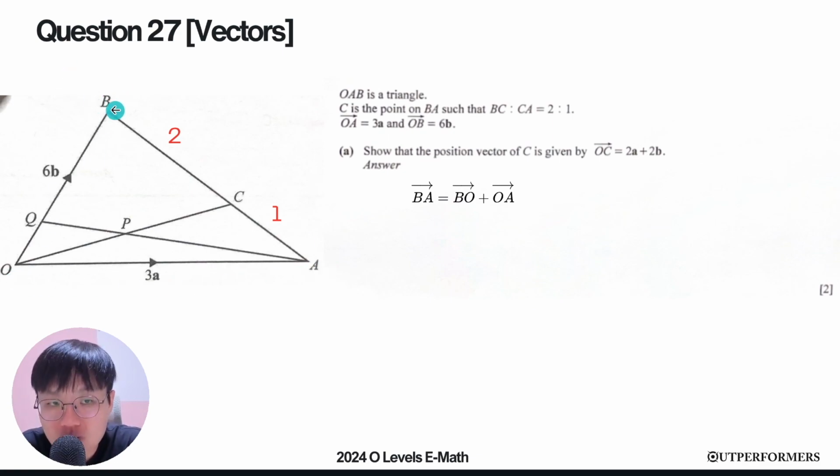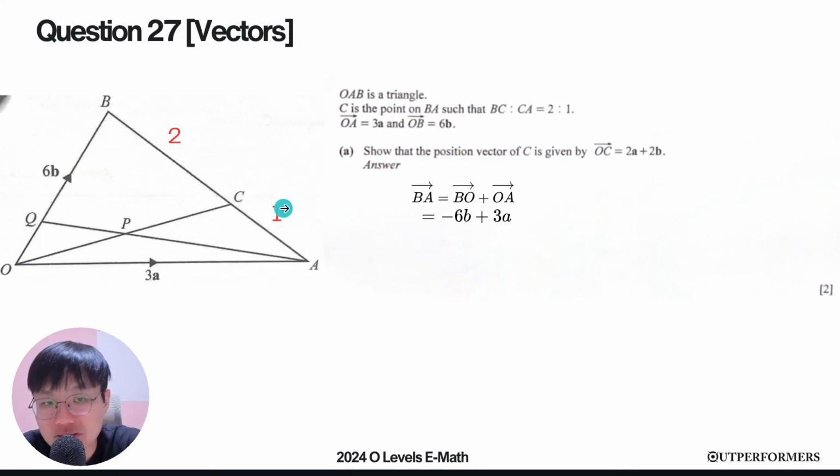BO itself is against the 6B. You can see that it's going in the opposite direction because OB is 6B, right? So BO is going to be negative 6B, while OA is 3A over here. So we can add these two up to have this vector over here.